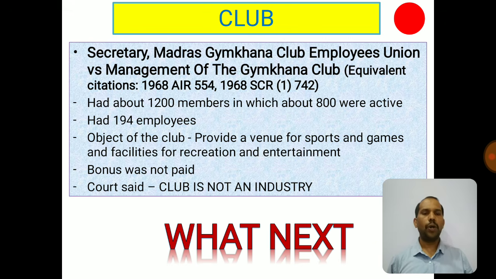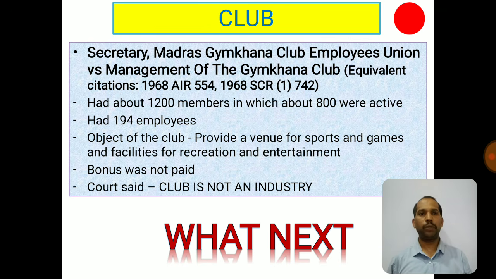To serve all these members, because there were so many activities going on like sports, football or rugby or some indoor games, and they used to have parties, dance, singing, celebrations, all such activities, they had about 194 employees, and these 194 employees were not being paid bonus. Bonus payment was not agreed by the management.